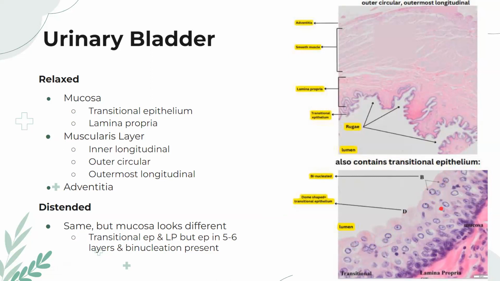Once the bladder is full of urine, this is going to stretch. These cells, which are now looking very round and plump, are going to stretch to accommodate the volume of urine. All the rugae are going to straighten out so that the urine can be accommodated. And so the transitional epithelium actually changes shape here in the bladder.